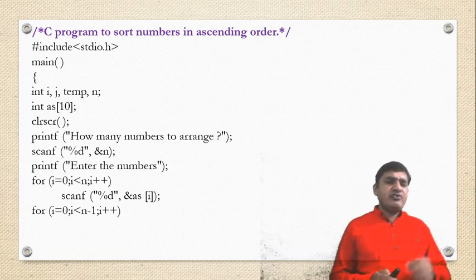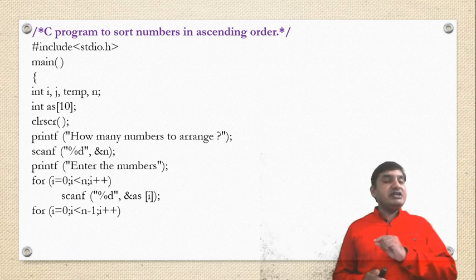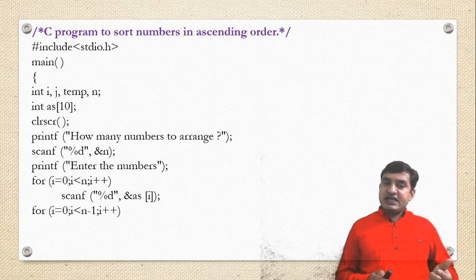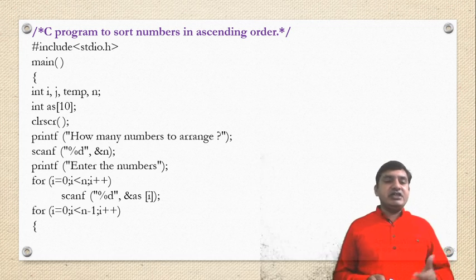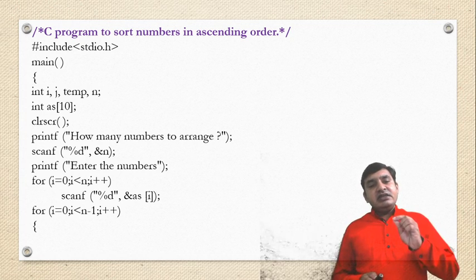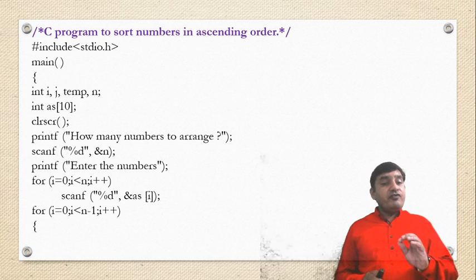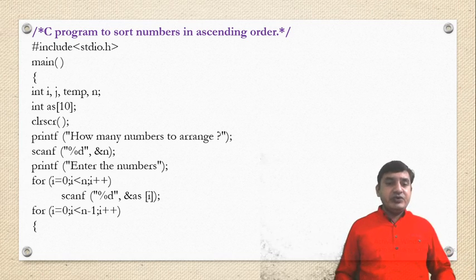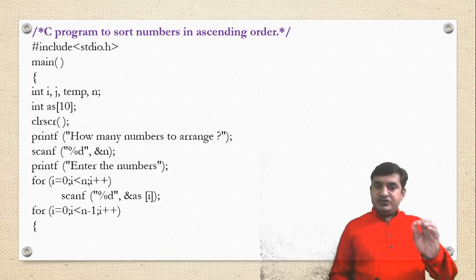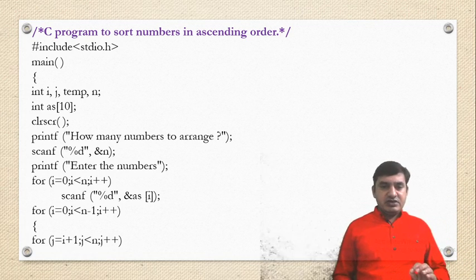Now we again use a for loop. For i is equal to 0, i is less than n minus 1. Initialization, condition, then i is incremented by 1. This for loop is executed until the condition i less than n minus 1 is no longer satisfied.